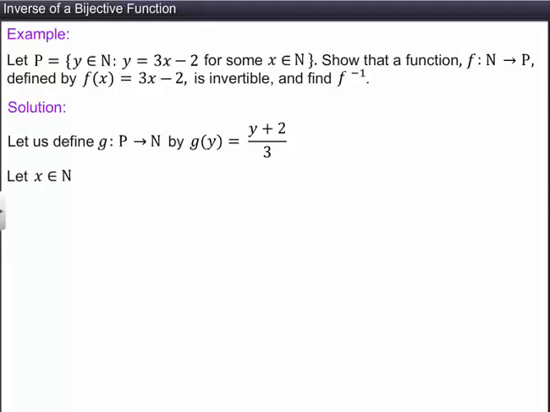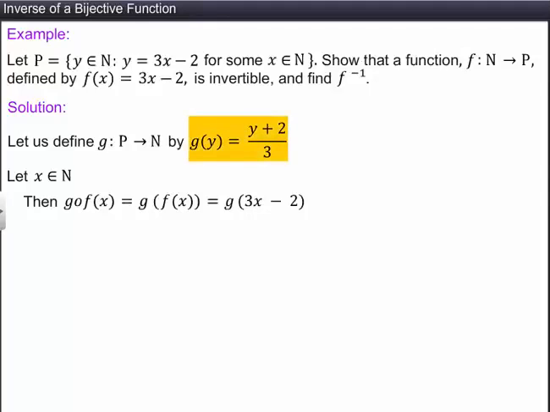Consider any arbitrary element, x, from the set of natural numbers. Then, g circle f of x is equal to g of f of x, which is further equal to g of 3x minus 2. And, by the definition of function g, this is equal to x.